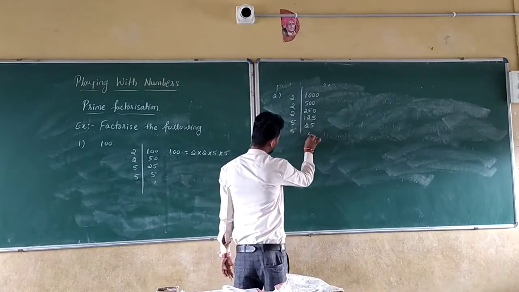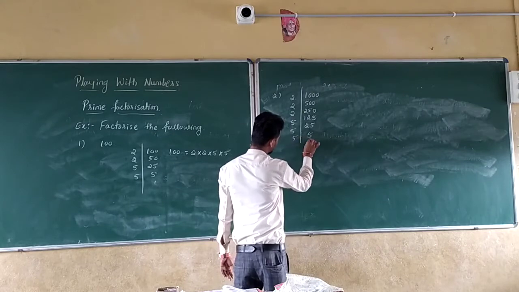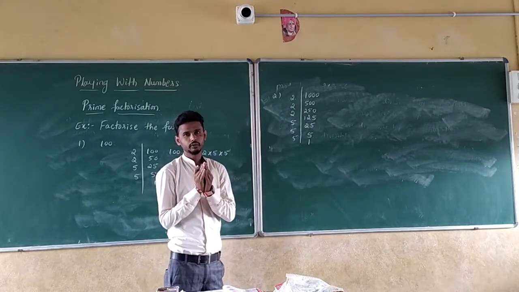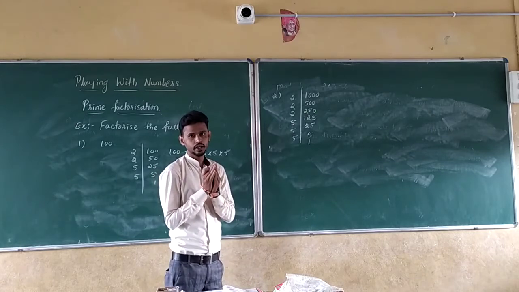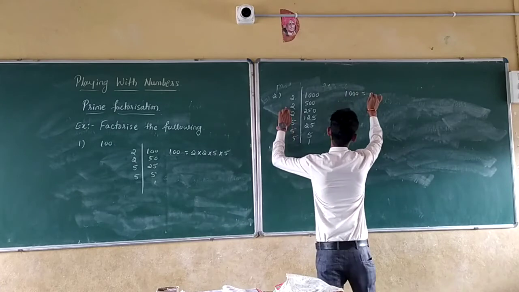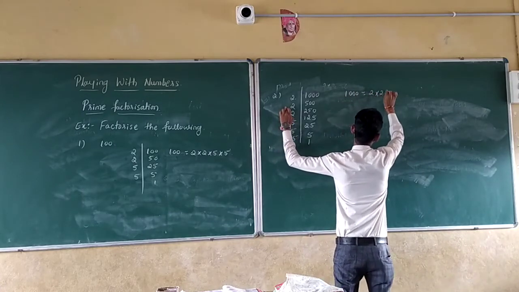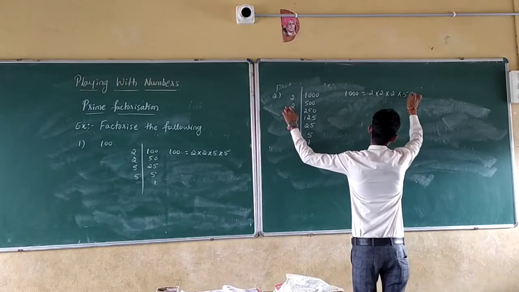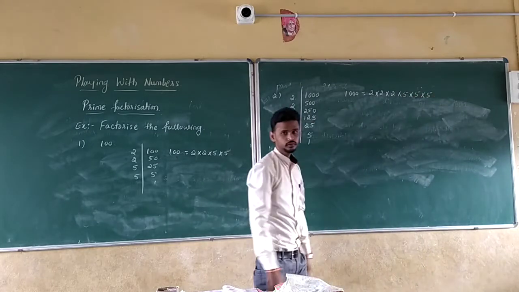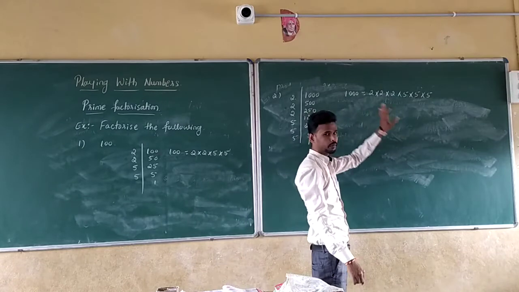So next 5 fives are 25, 5 ones are 5. This is how you need to divide or factorize the given number. So 1000 we can write as 2 into 2 into 2 into 5 into 5 into 5. So this is the prime factorization of 1000.